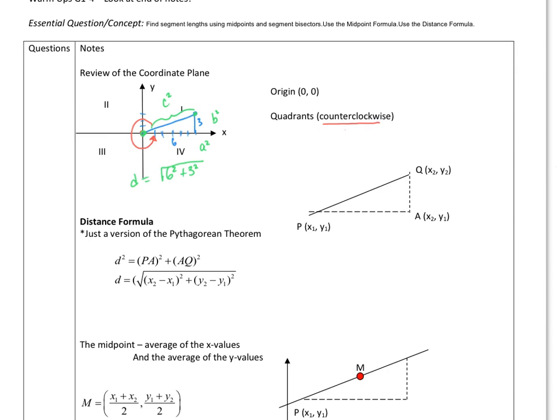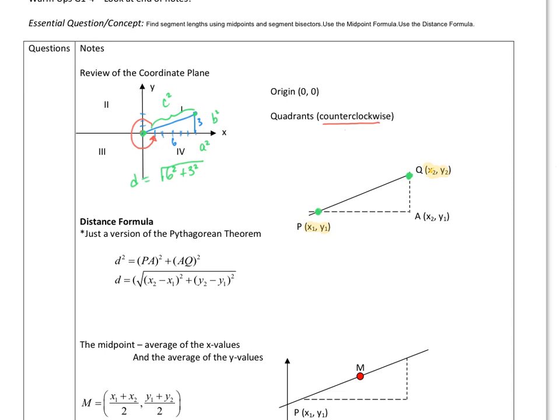Now, using that, suppose I generalize this, and I say I have a point right here, and I'm going to call this point x1, y1. And then I'm going to put another point up here, and I'm going to call this x2, y2.